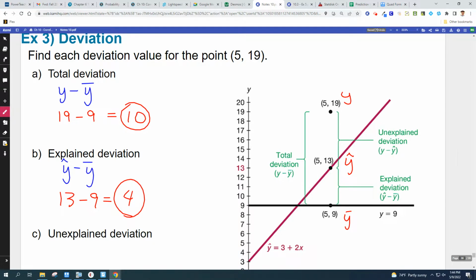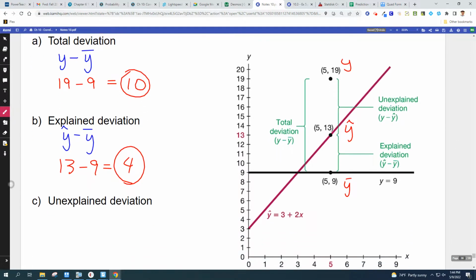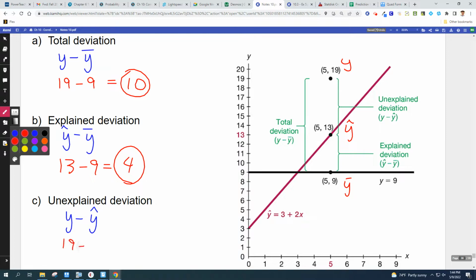Then unexplained deviation: y minus y hat. 19 minus 13 is 6. Notice that 10 equals 4 plus 6. That makes sense because the total is equal to the explained plus the unexplained.